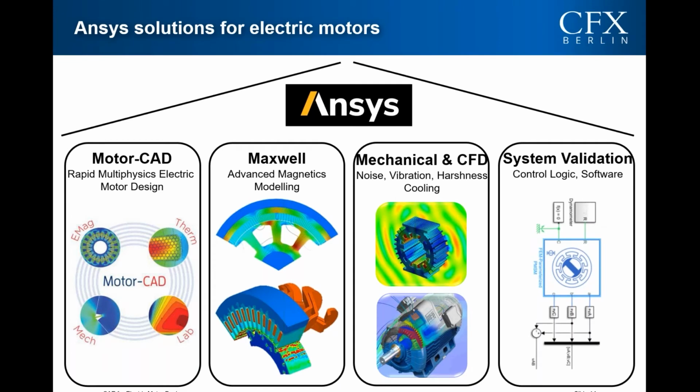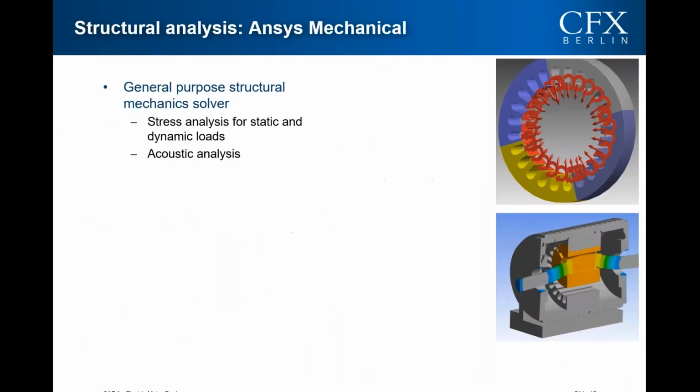Now I will show some details on mechanical and fluid dynamic tasks. ANSYS Mechanical is a general purpose structural mechanics solver. It can be used for stress analysis under static and dynamic loads and also for acoustic analysis.